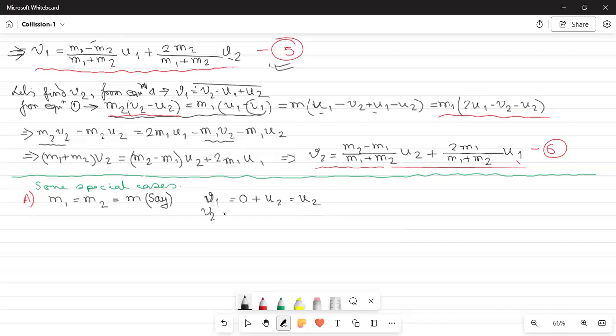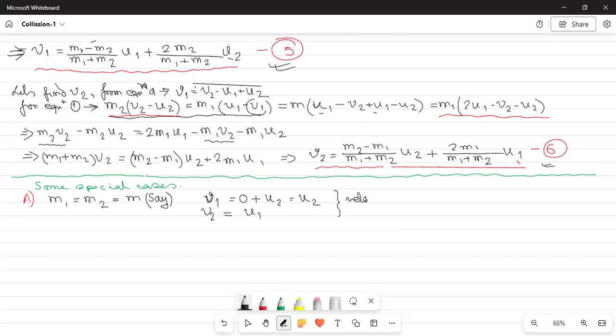And what is v2? You go to this equation. Again, first part is 0, so v2 is equal to u1.